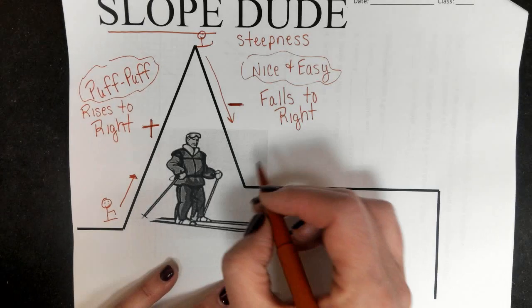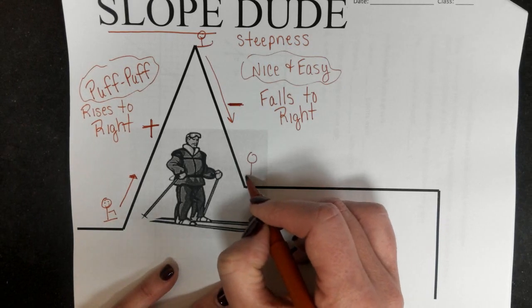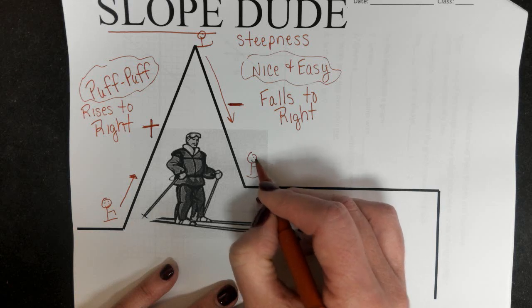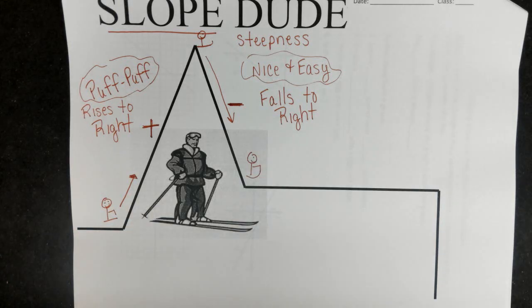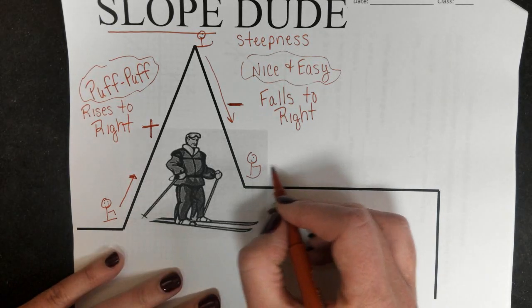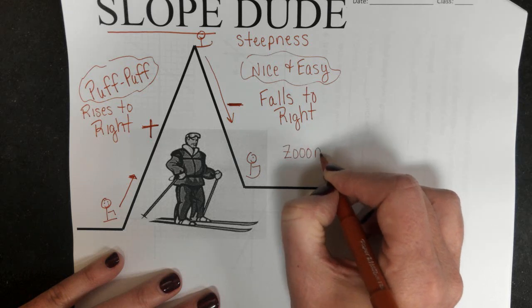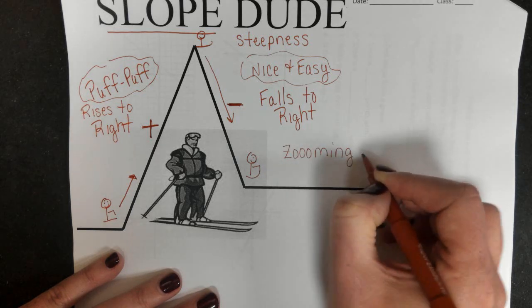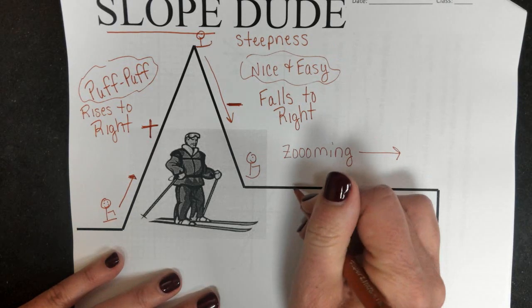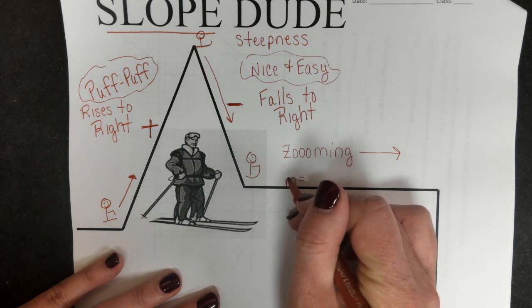Okay, so then we get to the bottom of the hill, and the funny story is that the first time I went skiing, I took lessons and I forgot how to stop. I was going down the bunny slope really fast, and I couldn't stop, so I was zooming. Zooming stands for a slope of 0, and m represents slope.